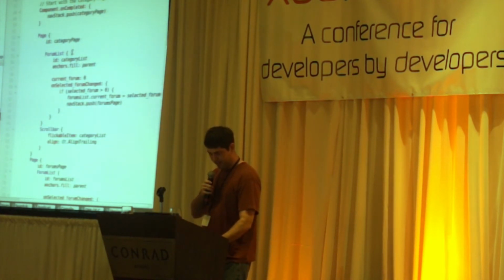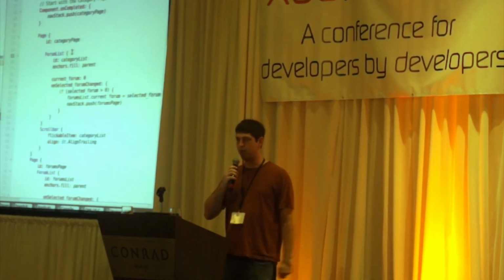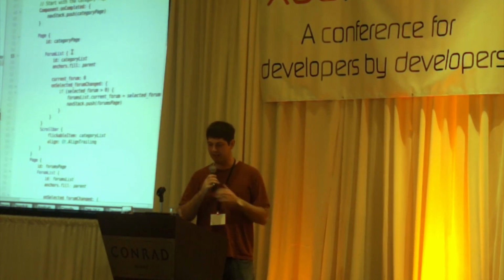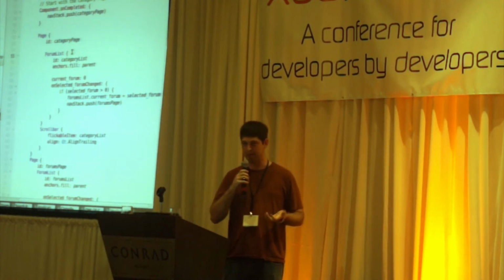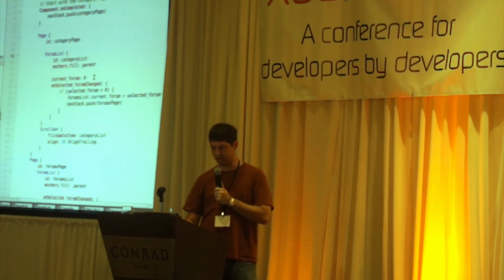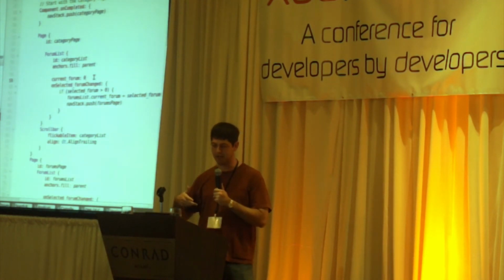Here inside of this top level page, all I have to do is declare a forum list inside that scope, and it automatically gets added to it. All I have to do is give it the current forum number, which is the internal ID that the XDA forums use. That was all that was needed to get it to connect to the forums, pull down the data, and build the actual list.